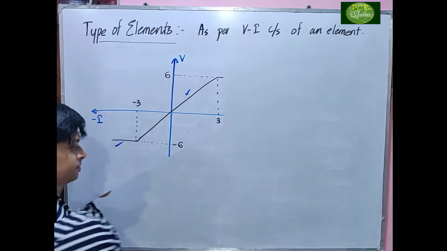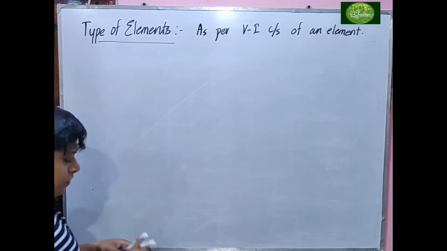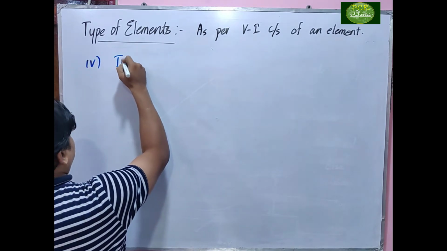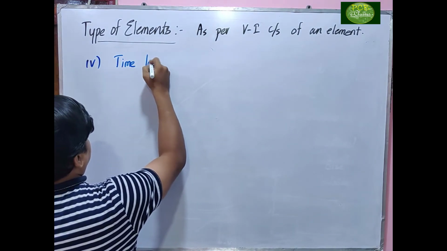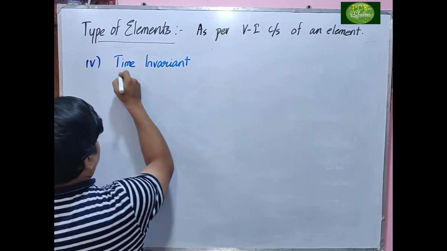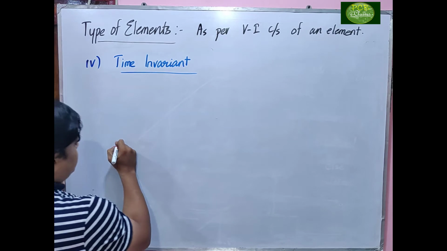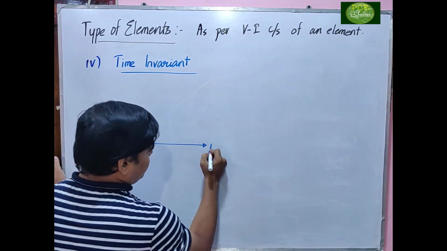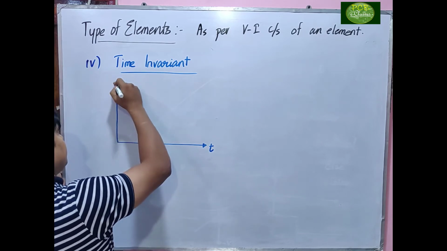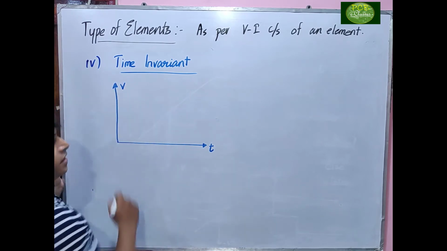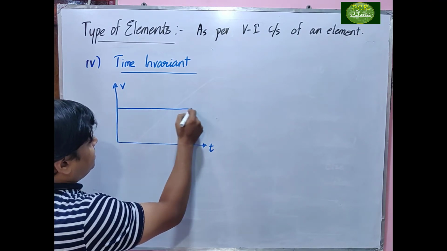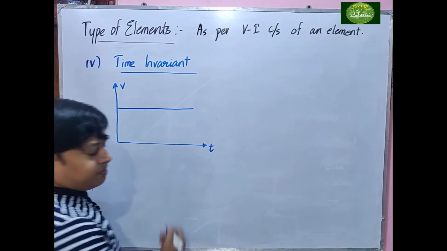Fine? It's a very simple one. We will not go with more examples. Rather, we will see what is time invariant. If a signal is there with respect to time, let us take V as a signal; its value remains constant although time increases.